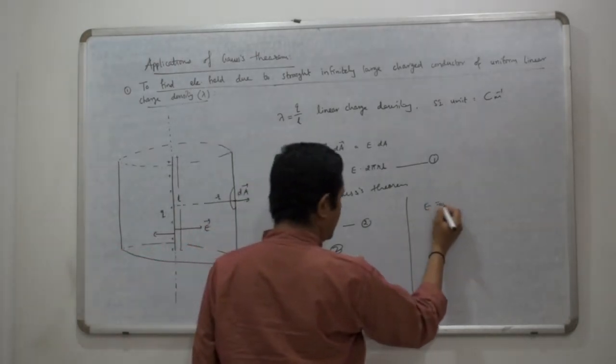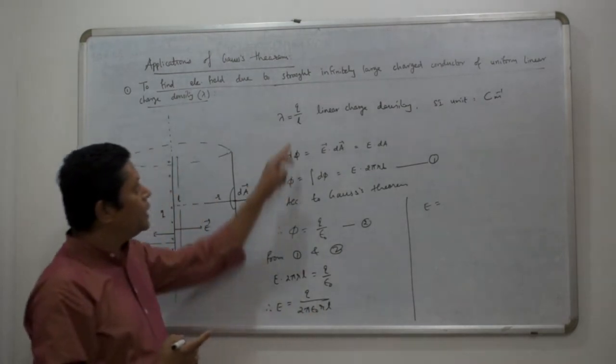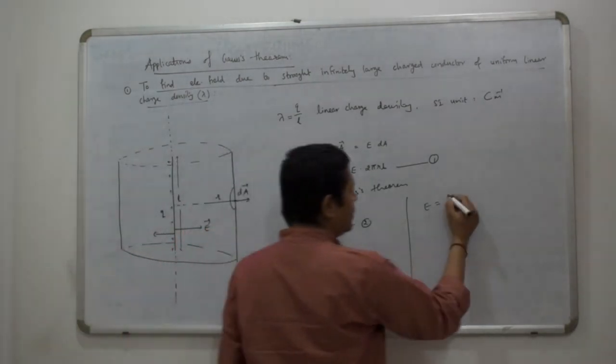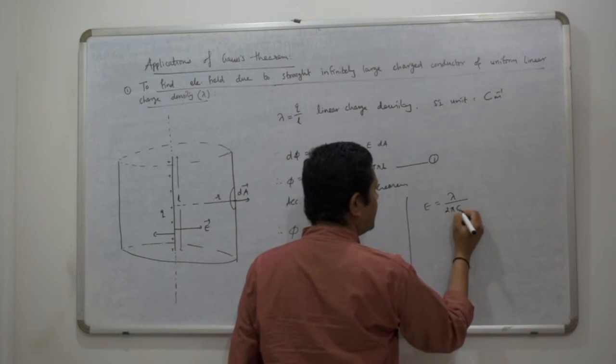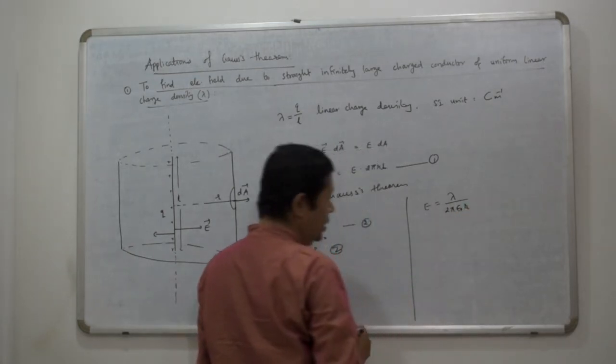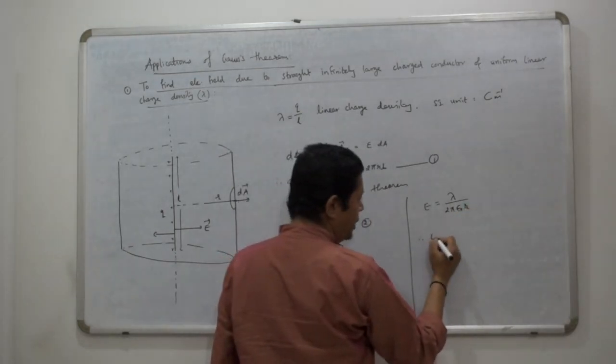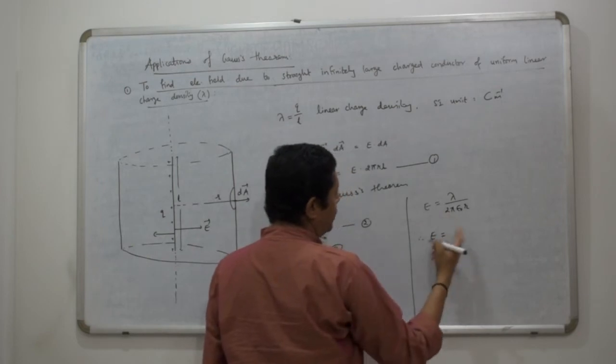Therefore, you can also write this as, Q by L is the linear charge density lambda. So you can write lambda upon 2 pi epsilon naught R. If you multiply and divide by 2, in the denominator you will get 4 pi epsilon 0.